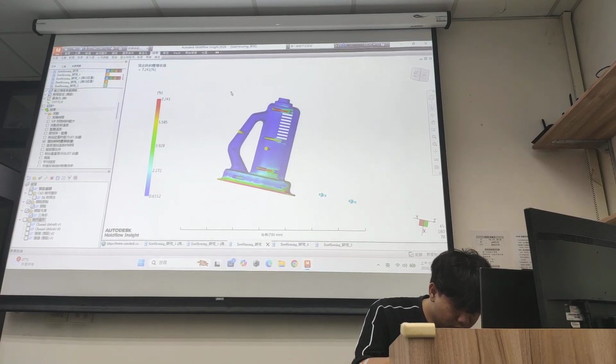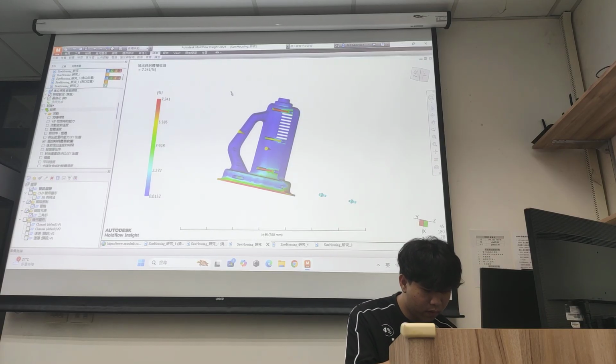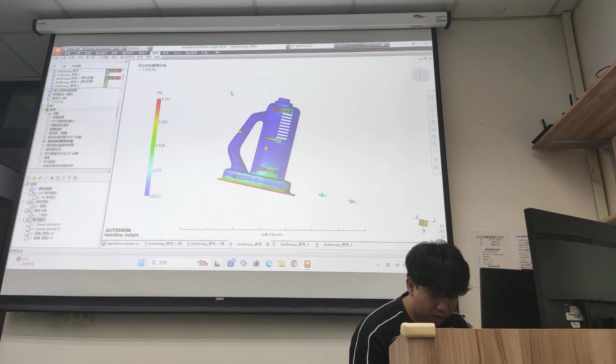This is a critical result. Volumetric shrinkage at ejection, the maximum shrinkage is 7.24%.